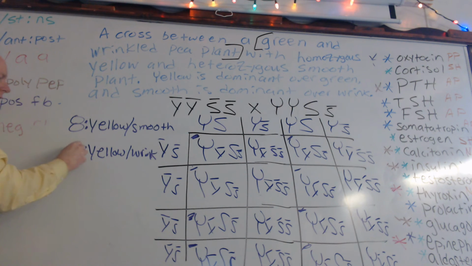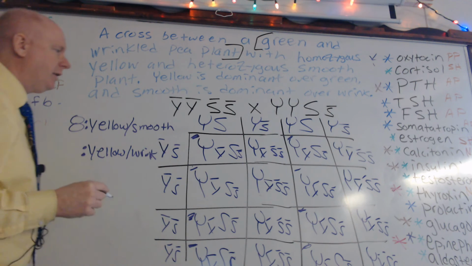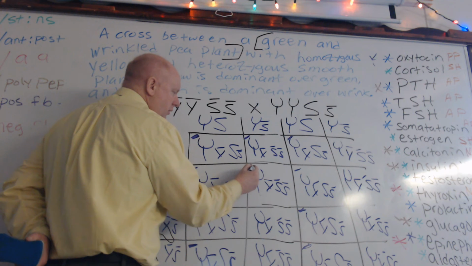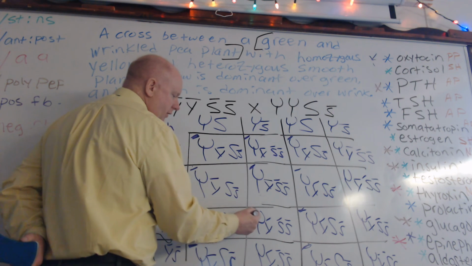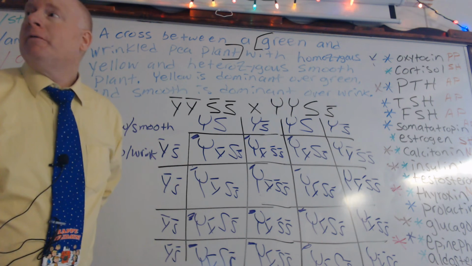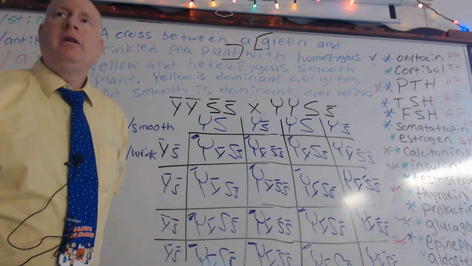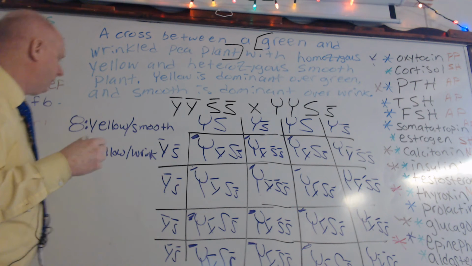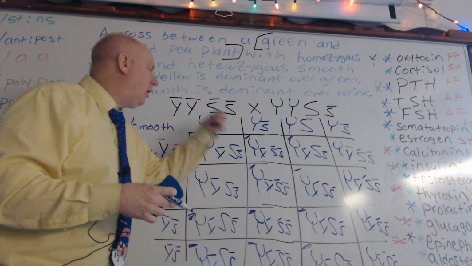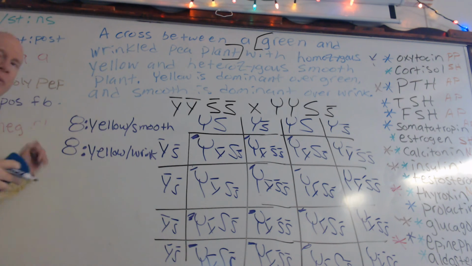And how many of them are there? Here's 1, 2, 3, 4. Is there only 4? No. There's 8 of them. Remember, all these numbers that you come up with for combinations have to add up to 16.